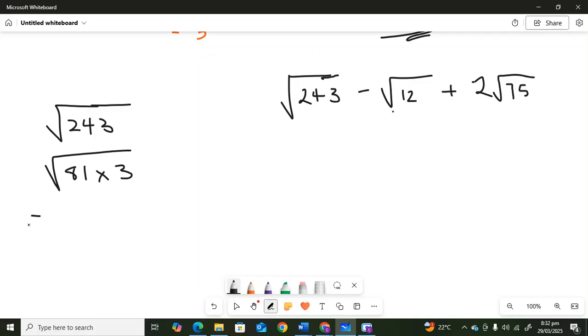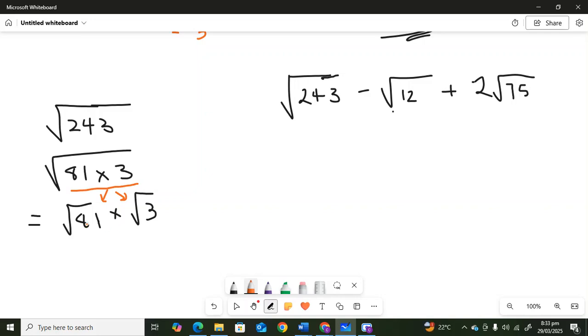So this can be broken down further into the square root of 81 multiplied by the square root of 3. We've split this into these two components here.